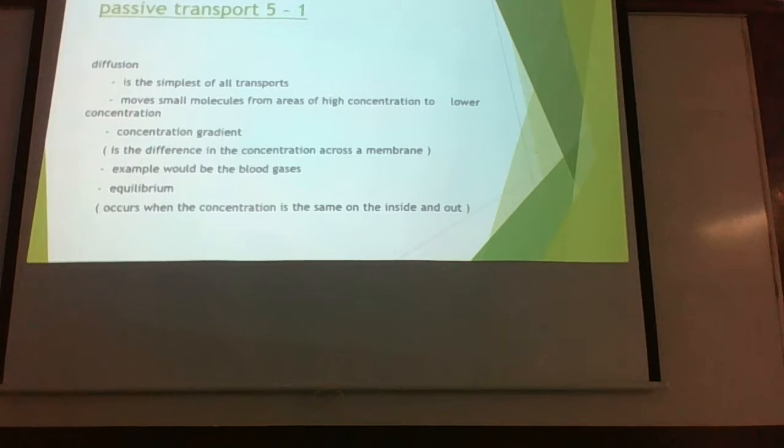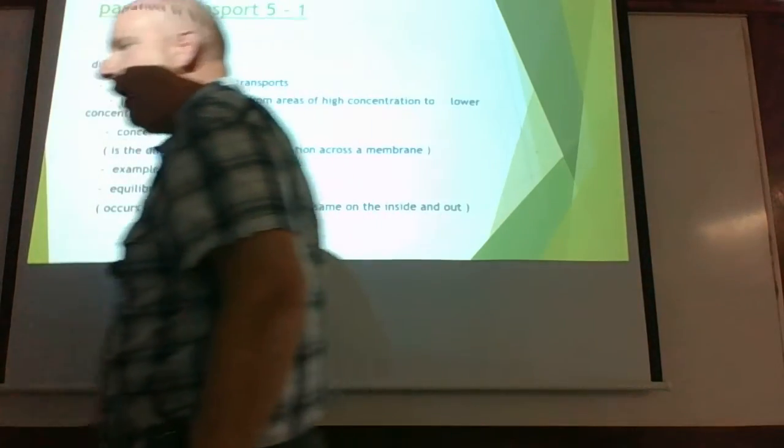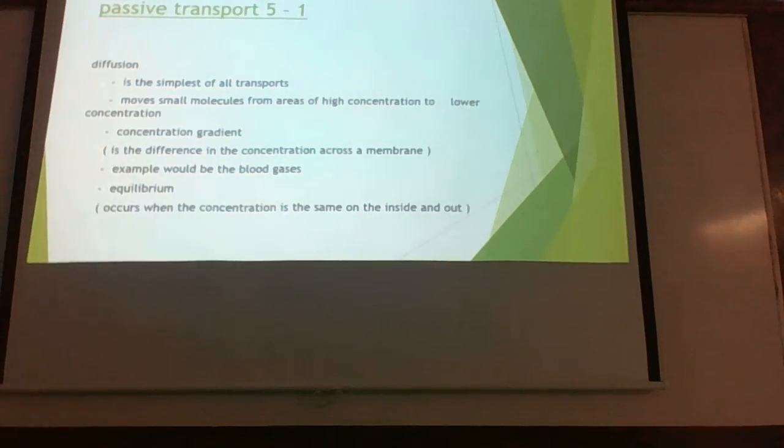Okay. All right, so with that, concentration gradient, what we're talking about is movement, as you can see, from an area of high concentration to an area of lower concentration until there is an equalization, or it reaches equilibrium, when you have the same concentration in and out, okay?